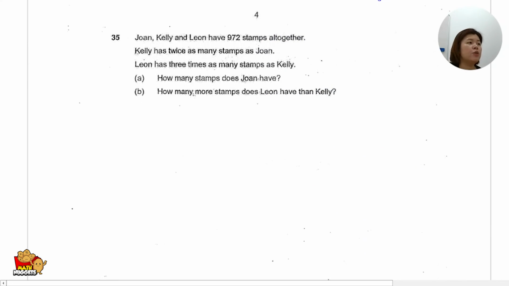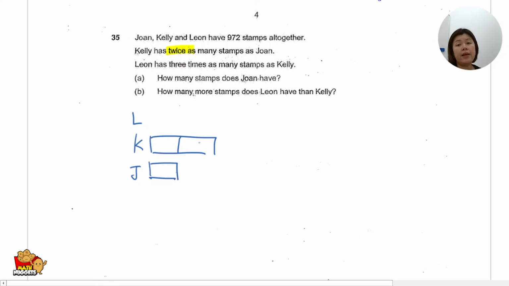Next, Joe, Kelly, and Leo have 972 stamps altogether. Kelly is twice, so anything got to do with twice, thrice, you have to draw a model again. So Kelly twice means 2 units, Joe 1 unit. Leo has 3 times of Kelly, so make sure Leo is on top. Look at Kelly, Kelly is 2 units, so if it's 3 times means 3 times 2 equals 6.